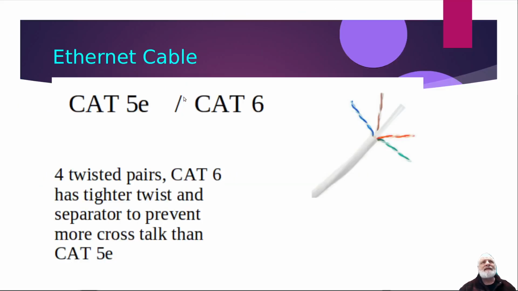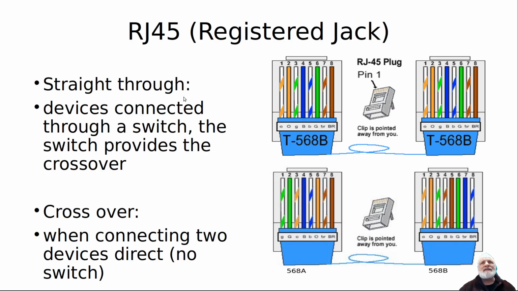Like I say, it's important that you understand that. So if you do want to take your laptop and plug directly into another actual device and not a switch, then you need that crossover cable.